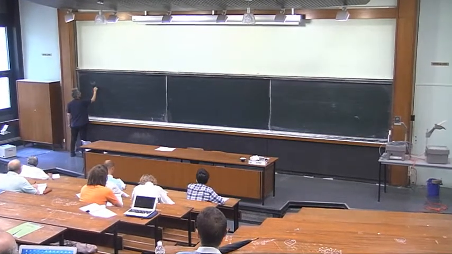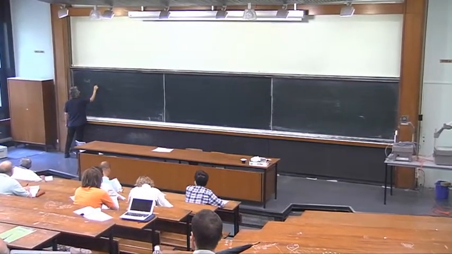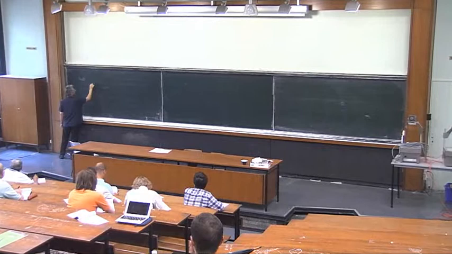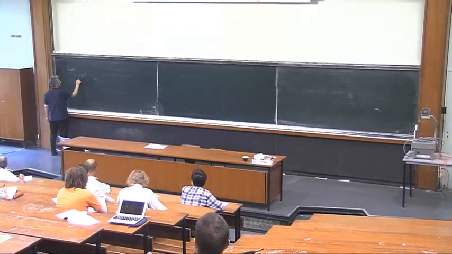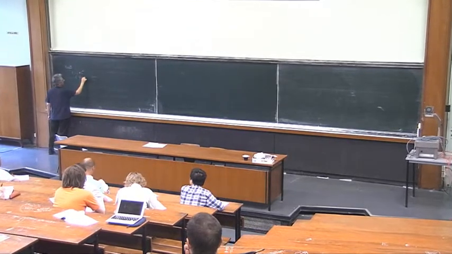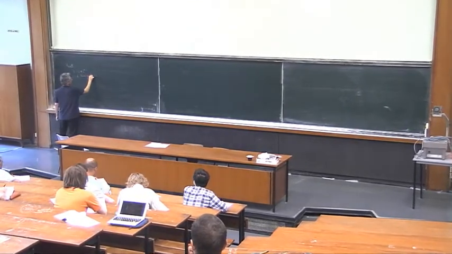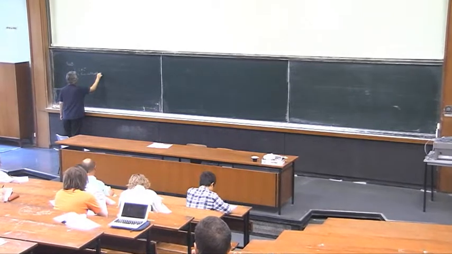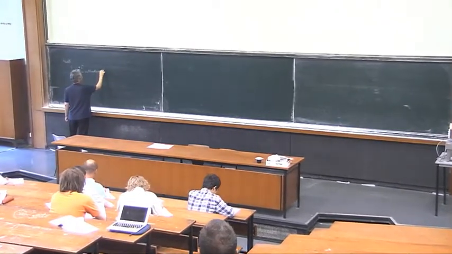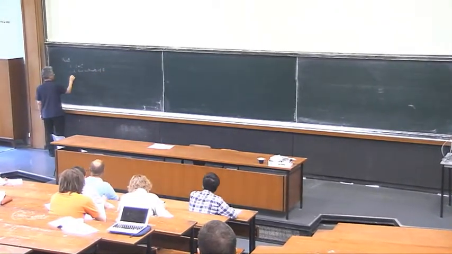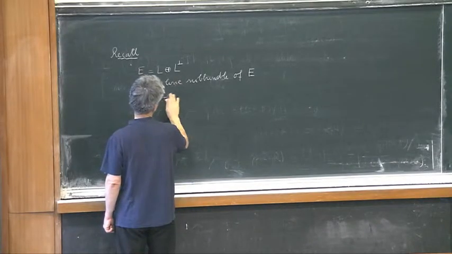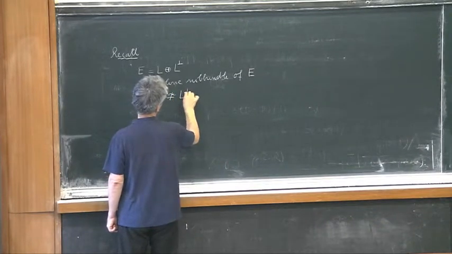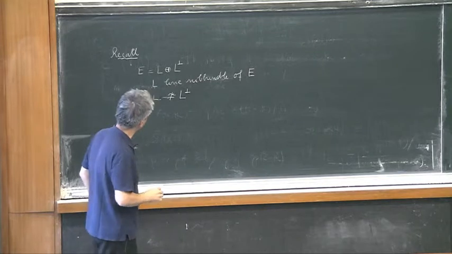So we suppose that L splits in this way, where L is a line subbundle of E, and we supposed that L is not isomorphic to its orthogonal complement.